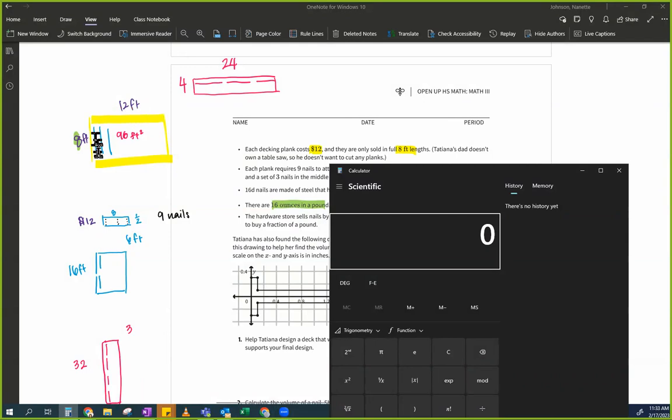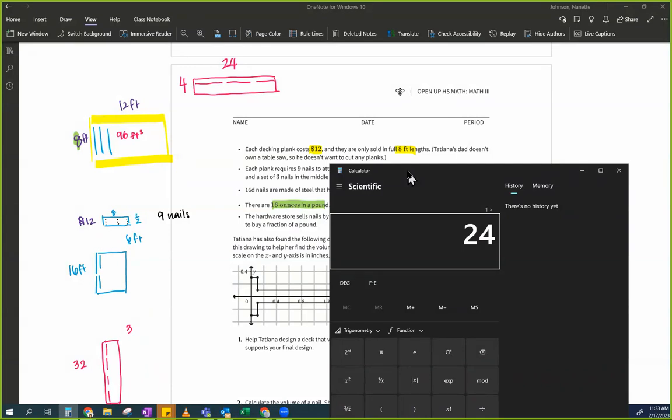Because each plank is half a foot. So it's 1 times 24. So that's 24 planks. Everybody okay with 24 planks? Yeah. So that's 96 square feet covered by 24 planks laid side by side, right?